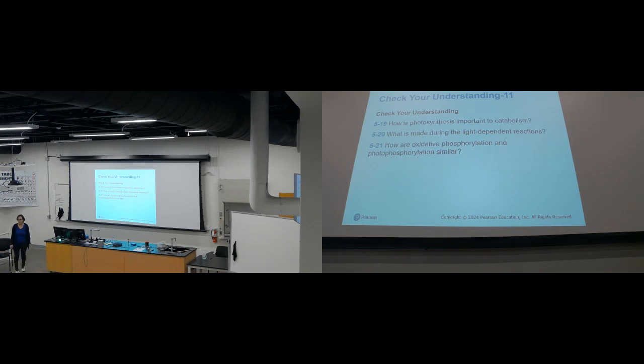In the form of NAD, so what is the end product of photosynthesis? Sugar, oxygen, and water. Carbohydrates, water, and oxygen. And how are oxidative phosphorylation and photophosphorylation similar?